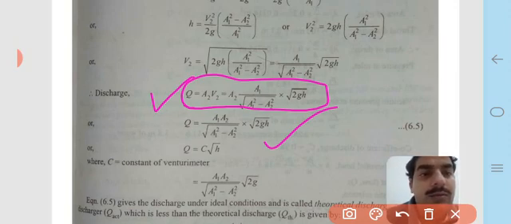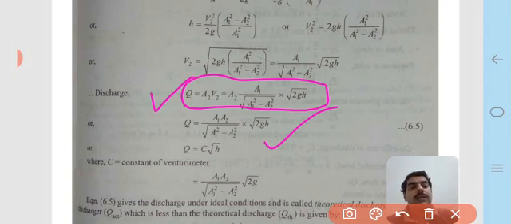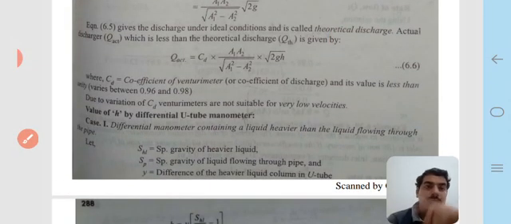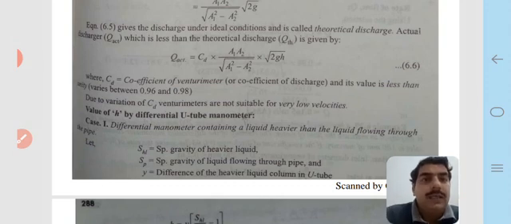Here C is the Venturi meter constant. Therefore, Q actual, the actual discharge, is less than the theoretical discharge, and Q actual is equal to Cd into a1 a2 upon under root (a1 square minus a2 square) into under root 2gh, where Cd is the coefficient of Venturi meter or coefficient of discharge.